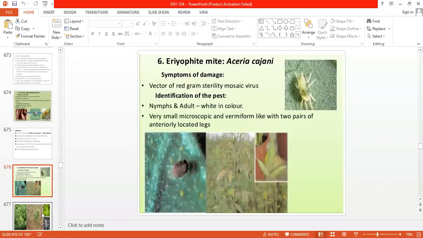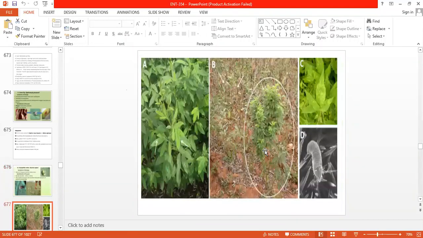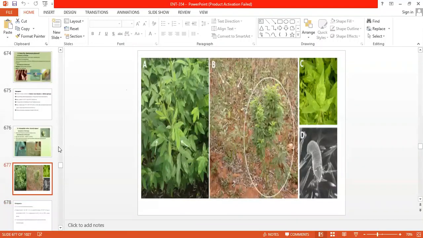Vermiform means worm-like, larva-like shape of that pest. They mainly suck the cell sap from the leaves and also transmit red gram sterility mosaic virus. Infested plants become stunted and leaves become yellowish in color.